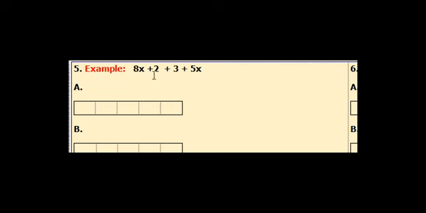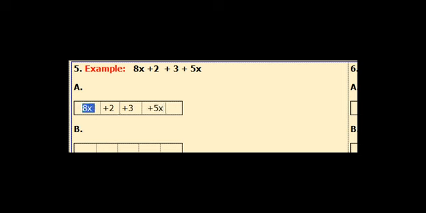We have 8 times x plus 2 plus 3 plus 5x. So the first thing you need to do is put those in the order they're listed into individual boxes. So I've got the 8x, the positive 2, the positive 3, and the positive 5 times x listed last.